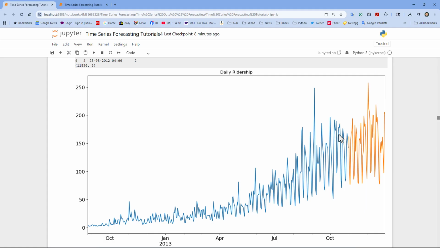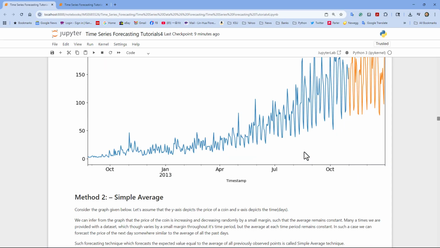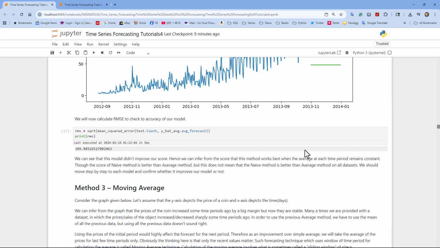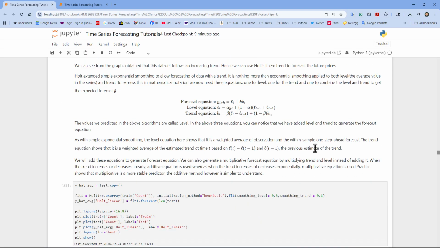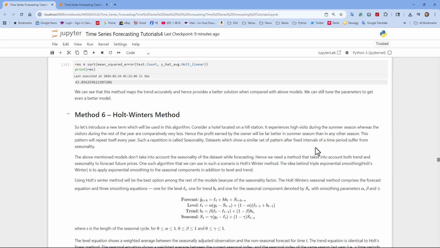We split the data into the training data set in blue and the testing data set in orange. So I'm using the blue data to build a model, and then use the test data set to validate if the model forecast is accurate. The last 2 methods we use, we keep scrolling down to the last portion.